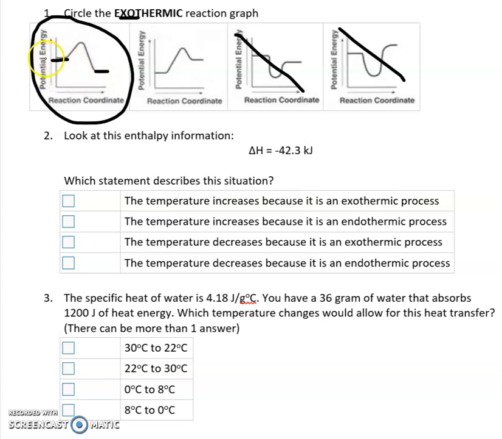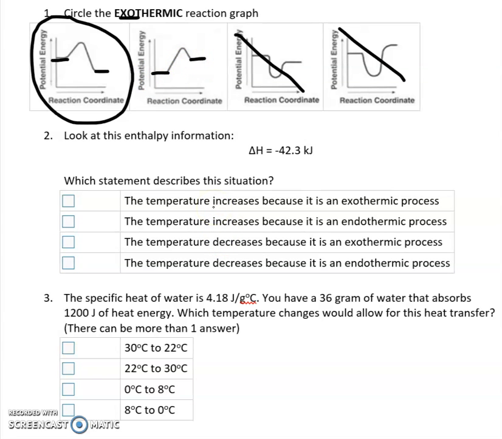So let's say that this one is like 30 and this one is like, I don't know, 15. Then it's products minus reactants, so 15 minus 30 is a negative enthalpy, also exothermic. So an exothermic graph will always have the product line below the reactant line. Endothermic will always have my product line above the reactant line.